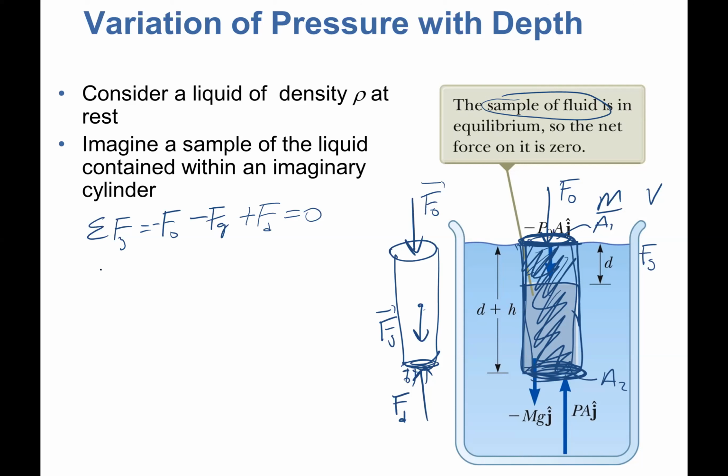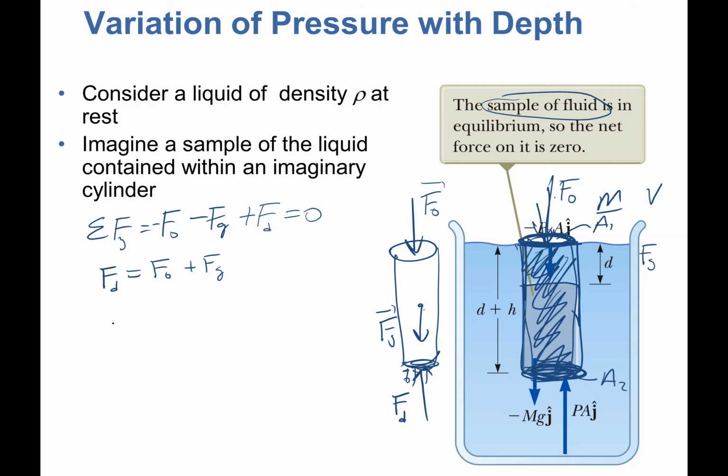Rearranging, F at that depth equals the atmospheric force plus the gravitational force. The atmosphere pushes the parcel from above and gravity pulls it down, but it's not accelerating because of this force at the bottom. That force has to be stronger than either the atmospheric force or the gravitational force individually, because it equals their combined sum.